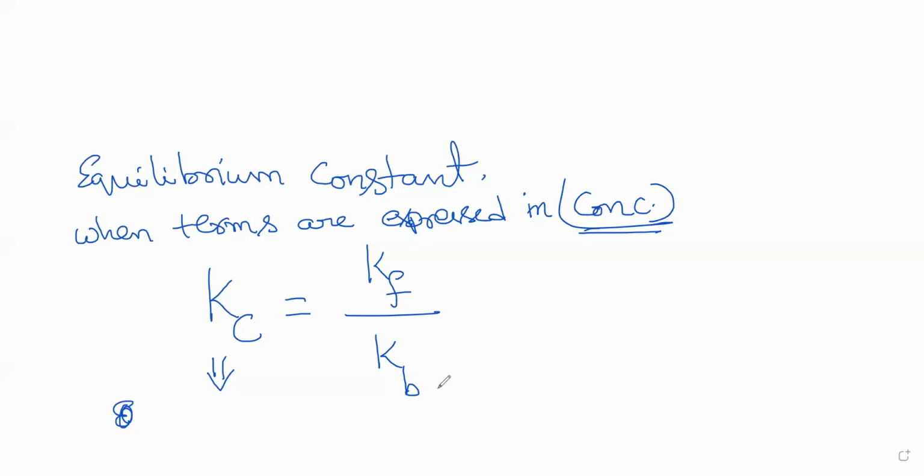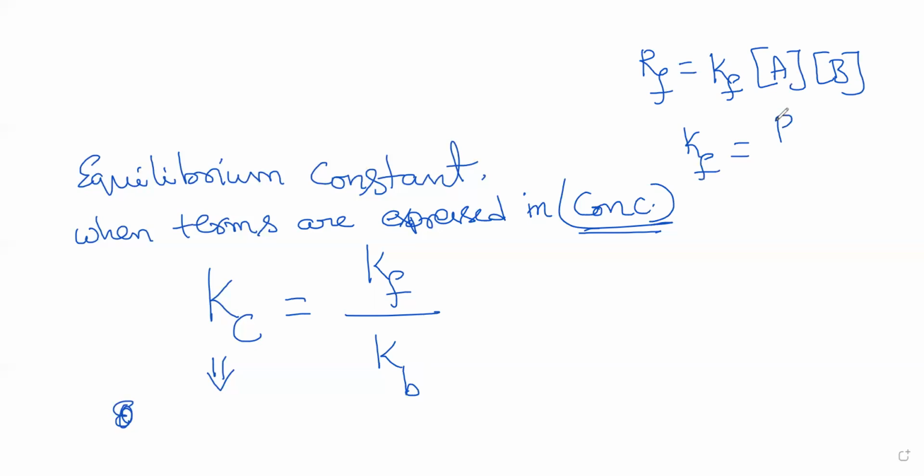So the Kc is given by Kf by Kb. But we have that the forward rate RF is Kf multiplied by concentration of A into concentration of B. So I can write Kf as RF divided by concentration of A into concentration of B. But remember that RF is equal to RB.